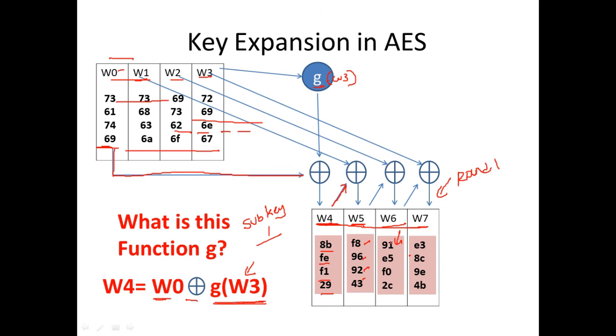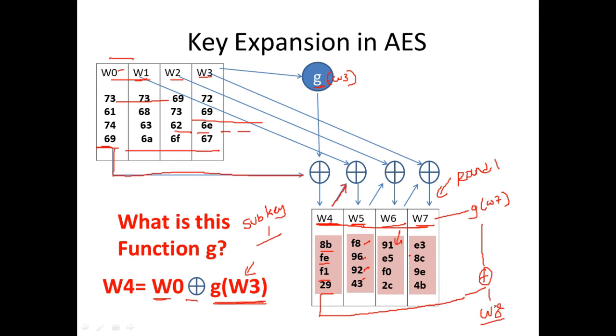If you want to find subkey 2, what you have to do? Take W7, give it to G. So G takes W7, and after you get the output of that G, you have to perform an XOR. The same strategy repeats. So this will be W8.